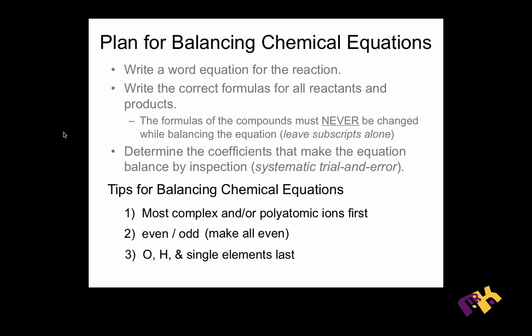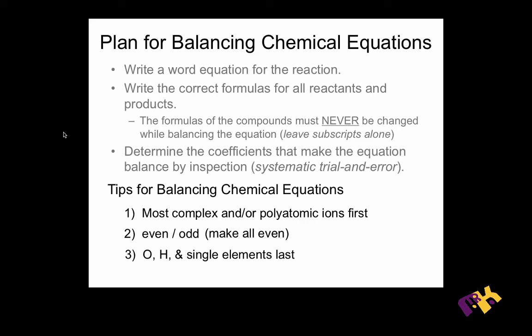And then you should always try to save oxygen, hydrogen, and elements that you find all by themselves for last. Because if you change the coefficient in front of them, you only change that one element. Like if it's just silver, Ag, and you need 25 atoms of Ag to make the equation balance, so be it. You only affect that one element.